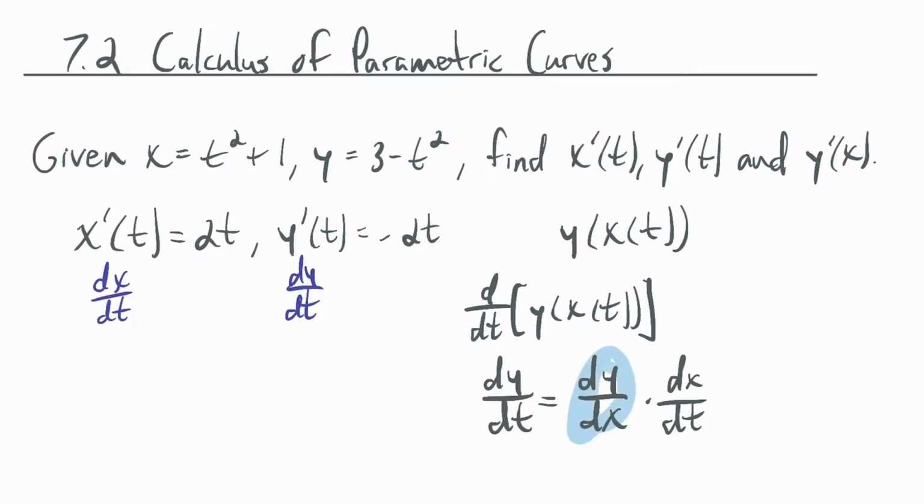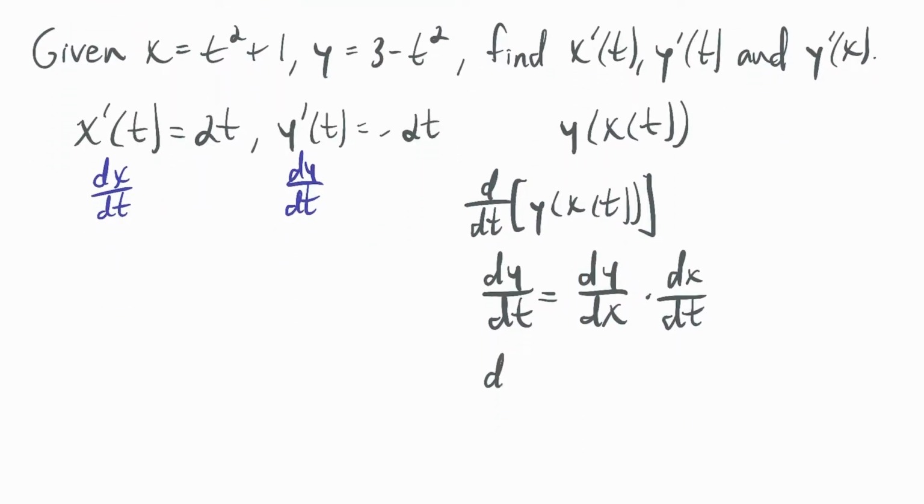So what I can do is isolate dy dx by dividing dx dt on both sides. So I'll get that dy dx equals dy dt over dx dt. Okay, and that's it. That's how you find dy dx when you have a parametric system.